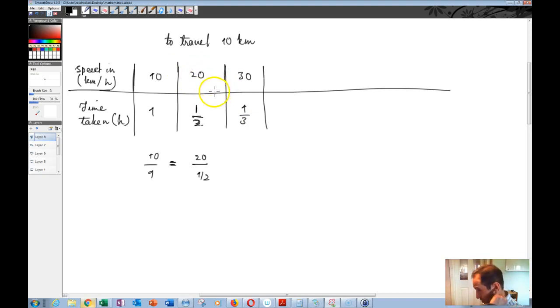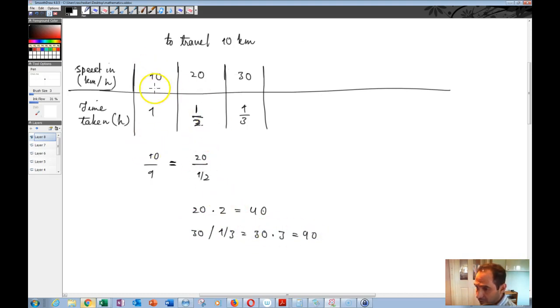In the case of an inverse proportion, that proportion kind of disappears, meaning that, for example, 10 to 1 is equal to 10, but 20 divided by half is the same thing as 20 times 2, which is equal to 40, or 30 divided by 1/3 is equal to 30 times 3, which is equal to 90.